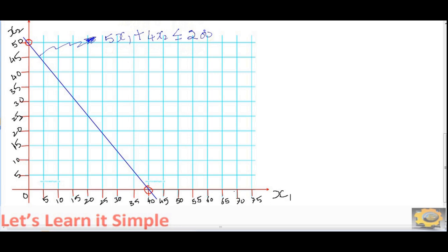So, which means the solution will be within this region. Okay. So, first constraint, now the solution will be bound by this region. So, bound by this triangle.